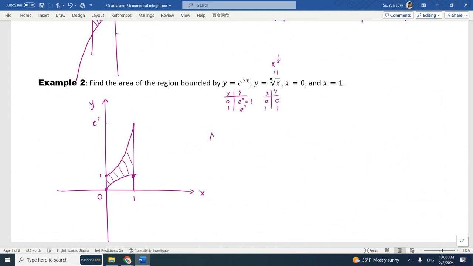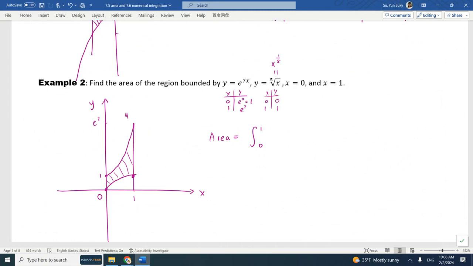So the area is the integral. X goes from where to where? 0 to 1. And then we use the upper function. Who's the upper function? Yes.